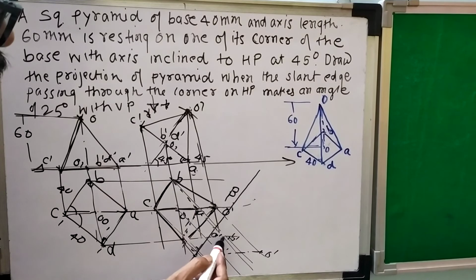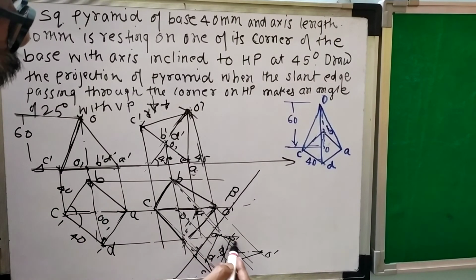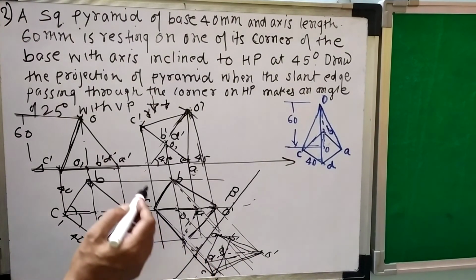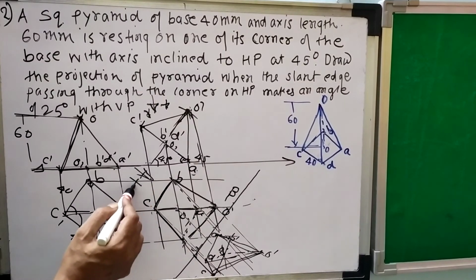Now I will join A, B, C, D. Okay. So this is A, B, C, D, and then I will join these boundary lines, and the rest of the lines you can create as per the observer position. The observer position is here.